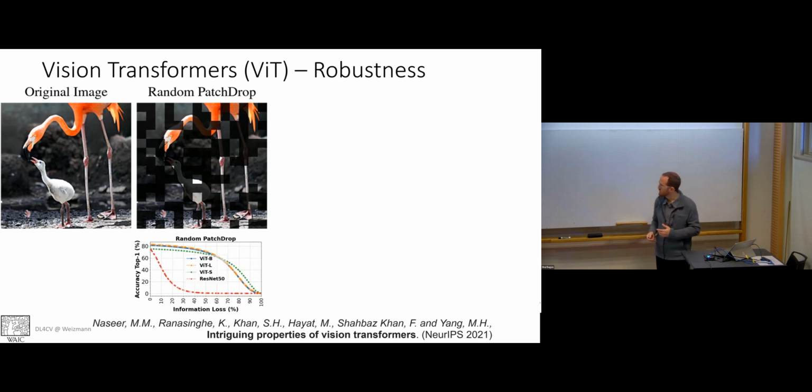What we saw is that for transformers, which are the dotted lines here, we can drop a significantly large amount of information and still get high accuracy on classifying the images, while in the convolutional neural network, the red line here, even a minor drop of patches, even at random, degrades performance very rapidly.